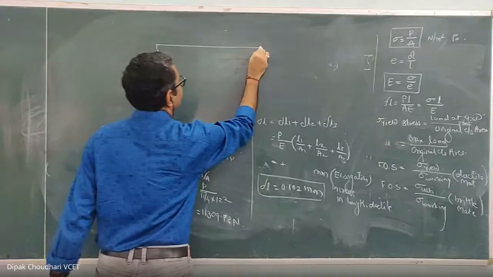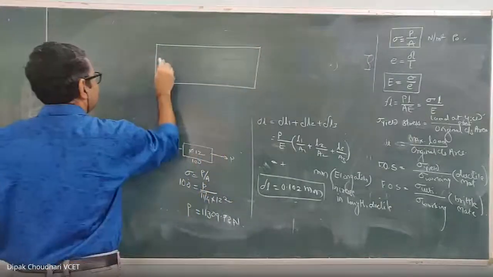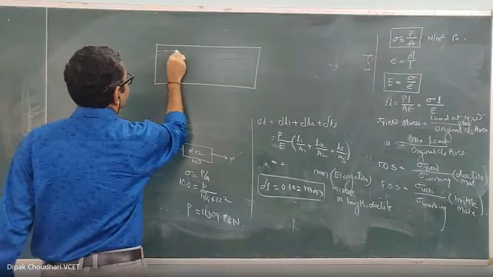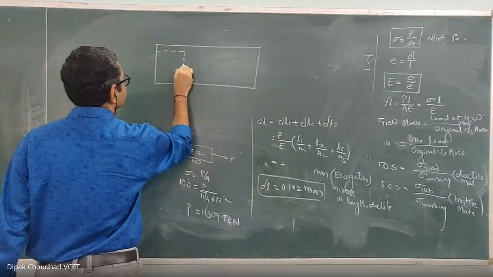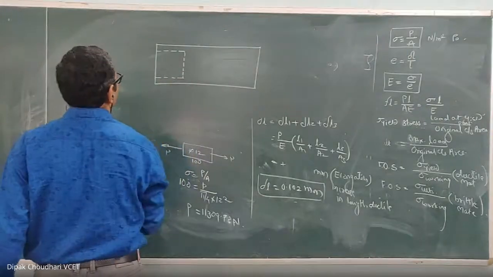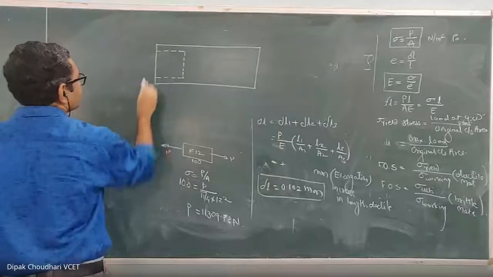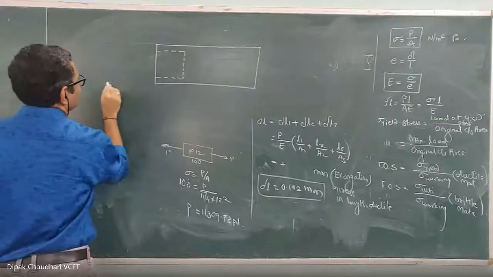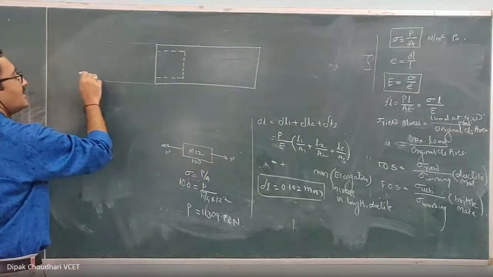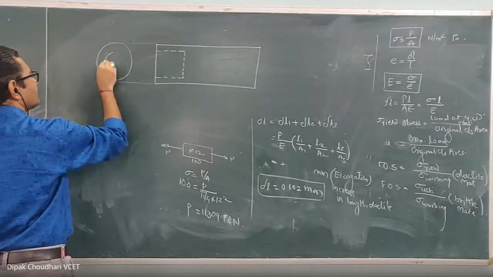Listen, such a type of circular rod is there. In this circular rod, we have to make one circular hole. This much part is a hollow circular one. If you see the side view from the left-hand side, it is a hollow circular section.